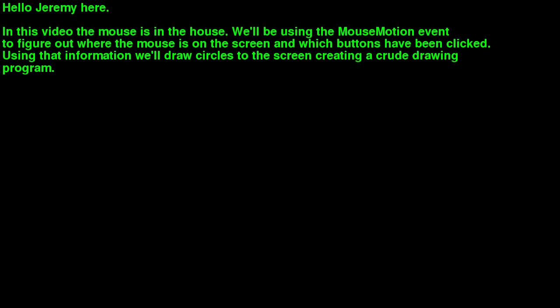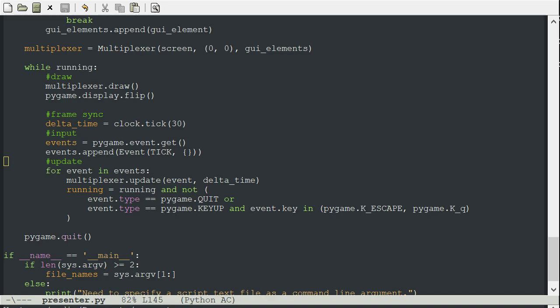Okay, so the first thing I need to do is, I was going through the code a little bit earlier, and I noticed that there was a problem. This needs to be updated by saying running equals running, and this needs to be added into it.